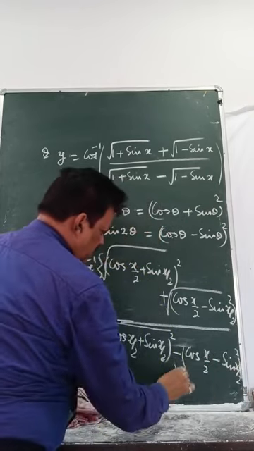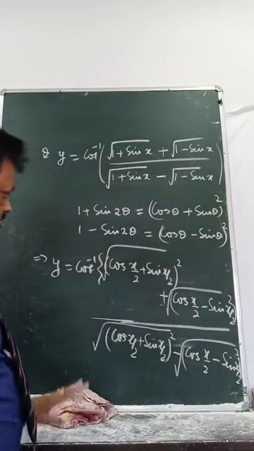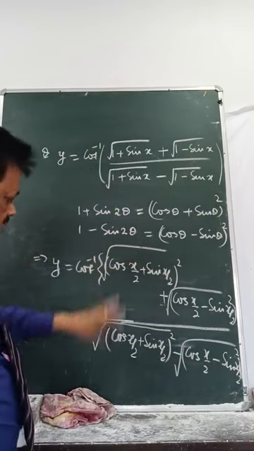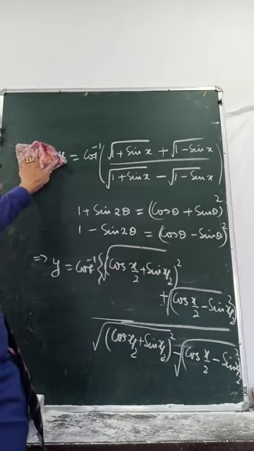Try to see this slide. Now square and square root cancel. What will you get?